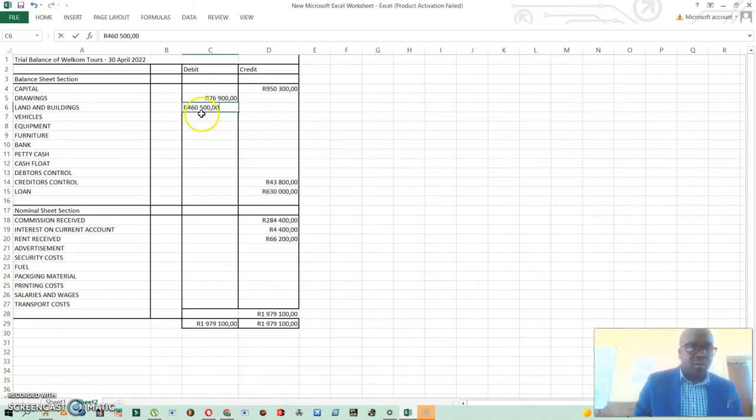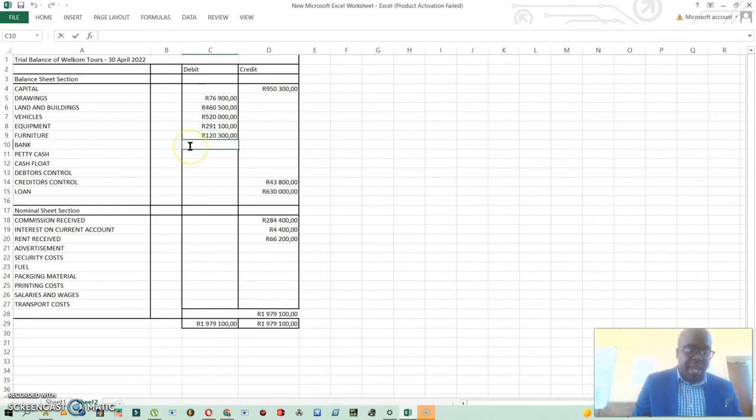We will have vehicles, that's going to be 520,000. We will also have equipment that amounted to 291,100. We will have furniture, which was 120,300.